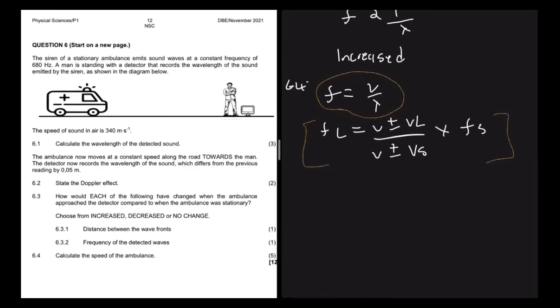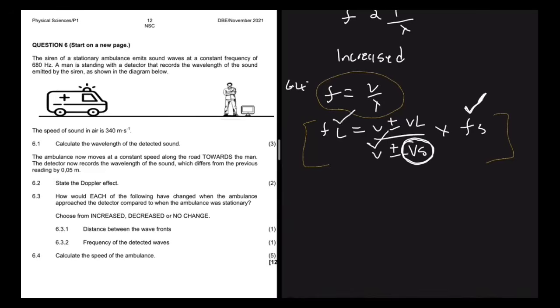So the ambulance is the source, right? So we are interested in this Vs here. We have V because V is the speed of sound in air, and then frequency of source, we have determined it. Oh no, we didn't determine it. It is given to us as 680 Hz.